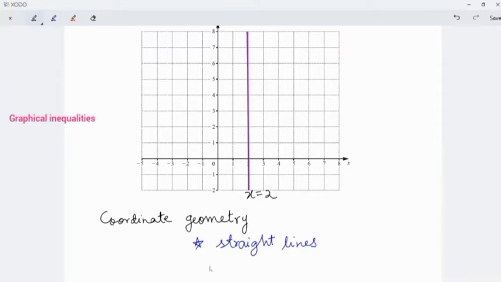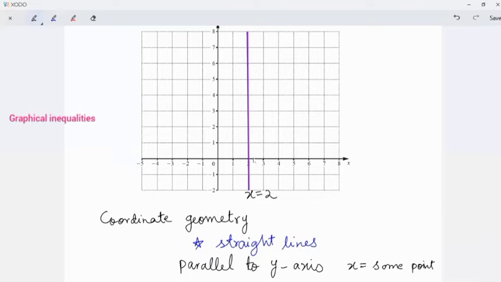The line that is parallel to the y-axis has the equation x equals some point. That point is the x-intercept.